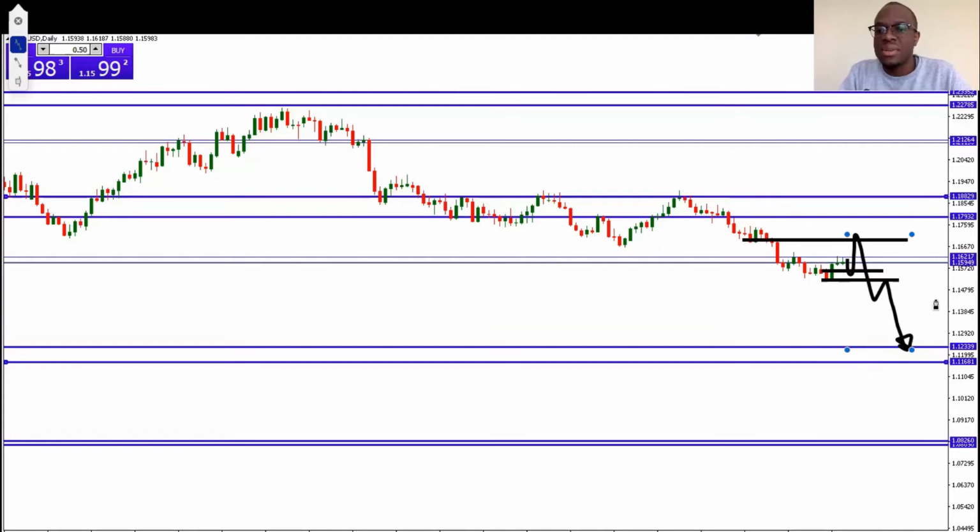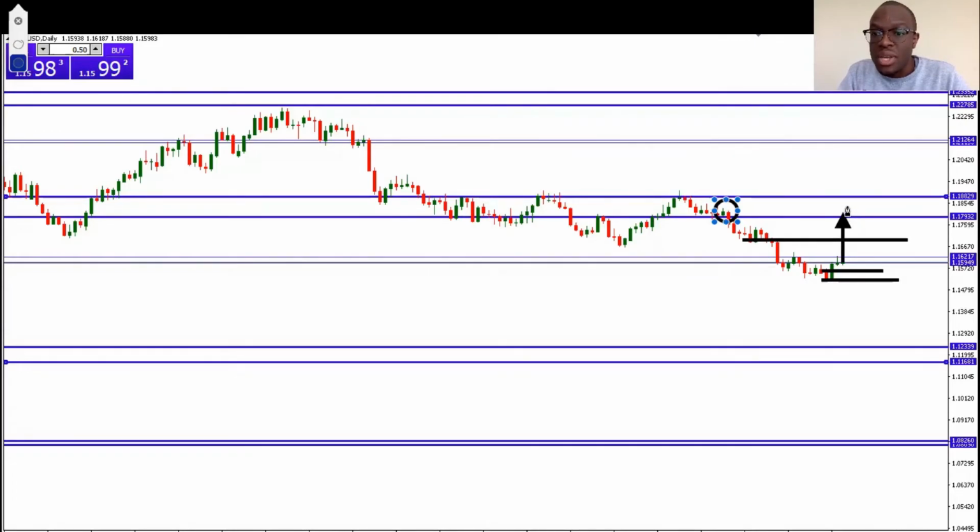And then the other scenario that we can have is where after this push to the upside, the price is going to mitigate this order block and then it will seek mainly to come and test this order block, right? And you can notice that this order block is part of the weekly order block. So this will form part of our second bearish scenario.